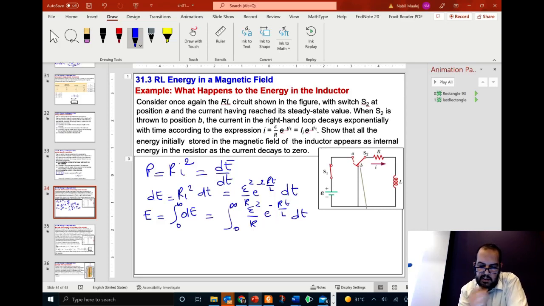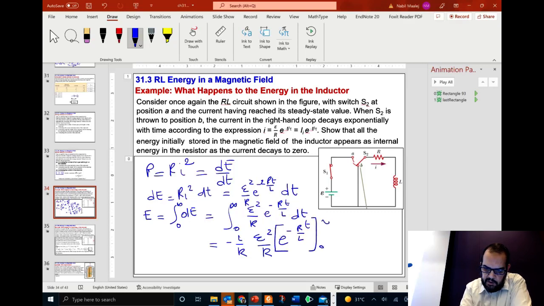Okay, so let's try to evaluate this integral. We have epsilon squared over R, and we have to divide by minus 2R over L, so this will be L over 2R, times exponential of minus 2Rt over L, evaluated between 0 and infinity.